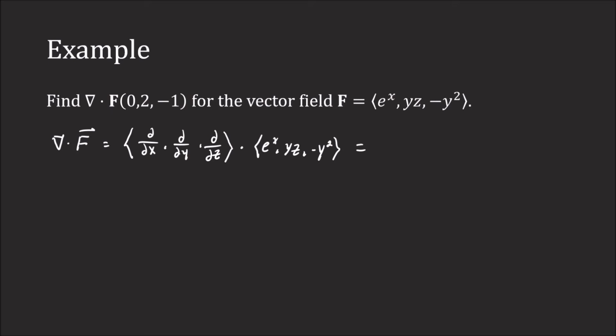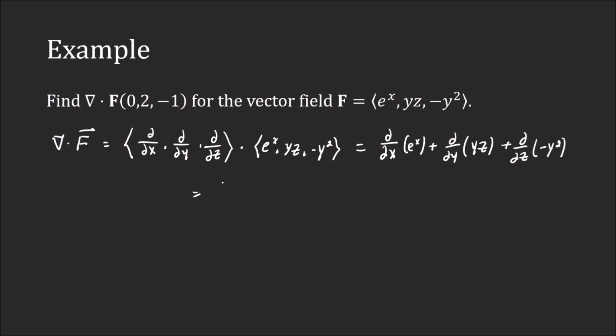Now, while this is technically an operator, we can still think of multiplication, except it's now multiplication where the order does matter. So the dot product says it's going to be the sum of the products of the corresponding components. So it'll be partial x of e to the x plus partial y of yz, and then partial z of negative y squared.